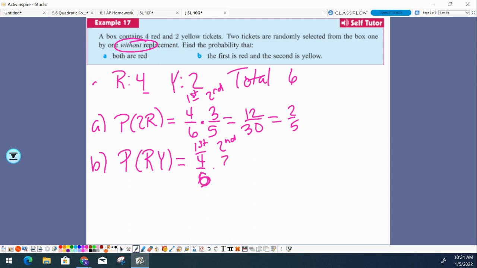So there's 2 yellow still left in the bag, but we only have 5 tickets left. So you just want to figure out each one individually and then multiply them together. So 8 out of 30, or 4 out of 15.